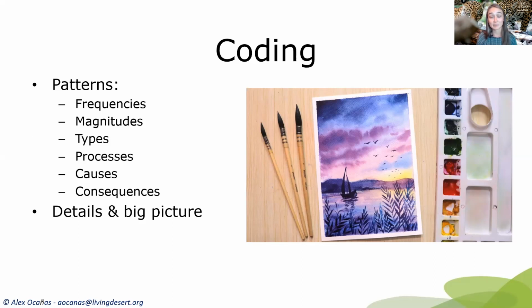And then I have this picture here of a very nice watercolor painting. A lot of people would say that the process of coding, or maybe just qualitative analysis in general, is just as much an art as it is a science. So one, there are no perfect steps that are going to guarantee your success.